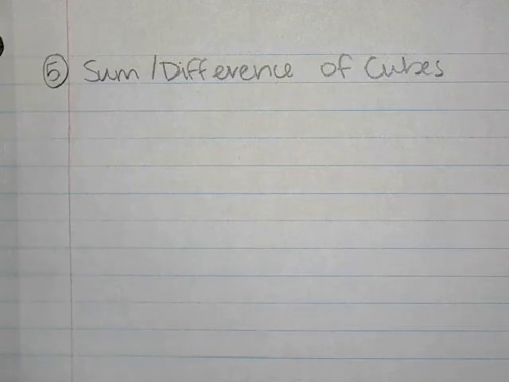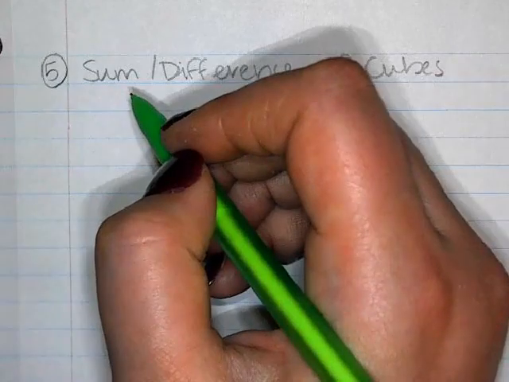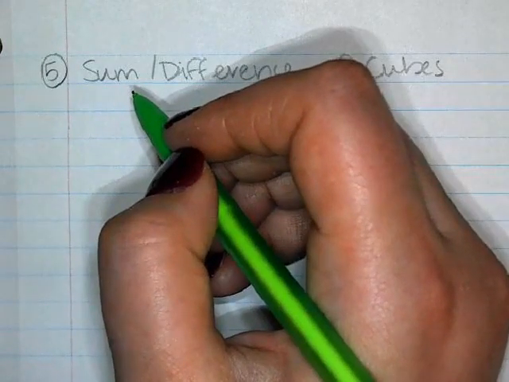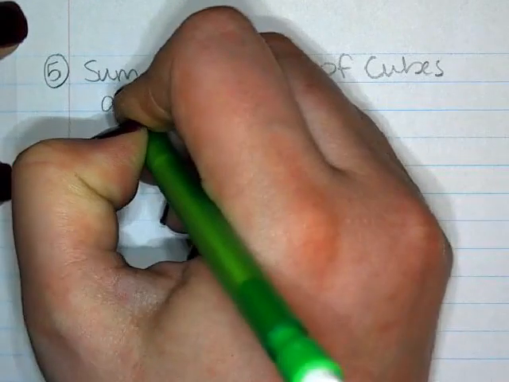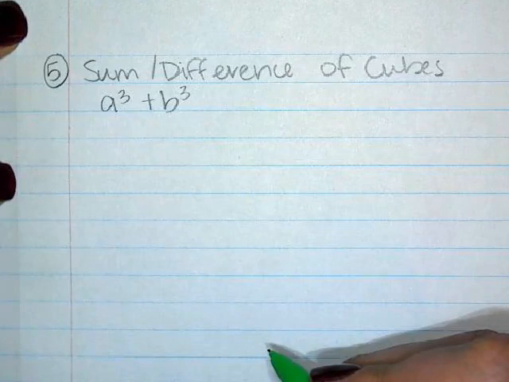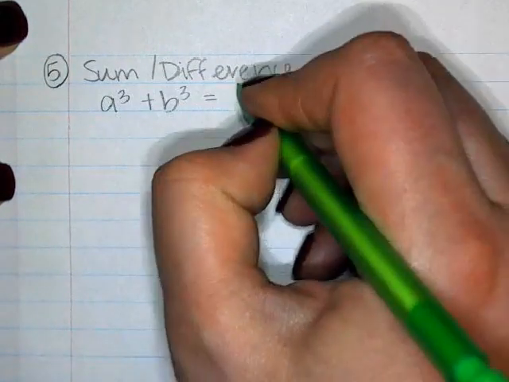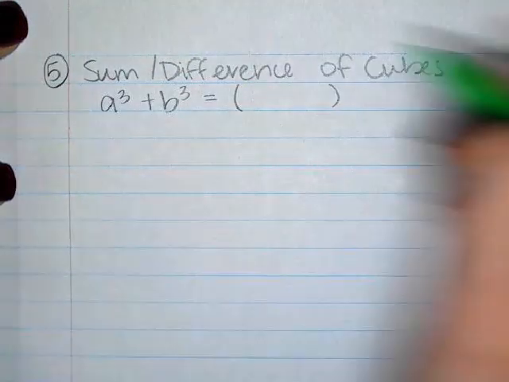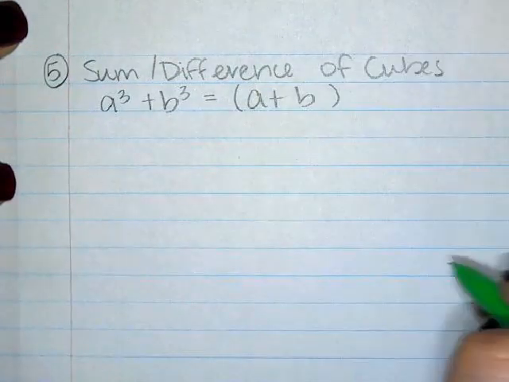Okay? So the formula is, we could have the sum version: a cubed plus b cubed. If we have the sum version, then our first set of parentheses would be a plus b. This is for the formula. And the second set of parentheses would be a squared minus ab plus b squared.